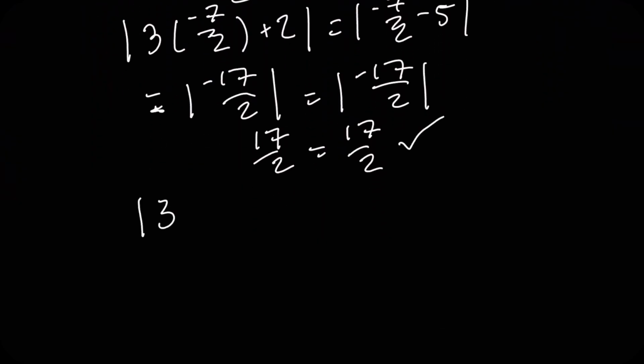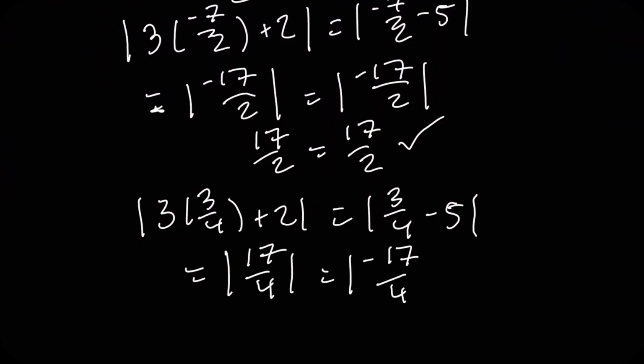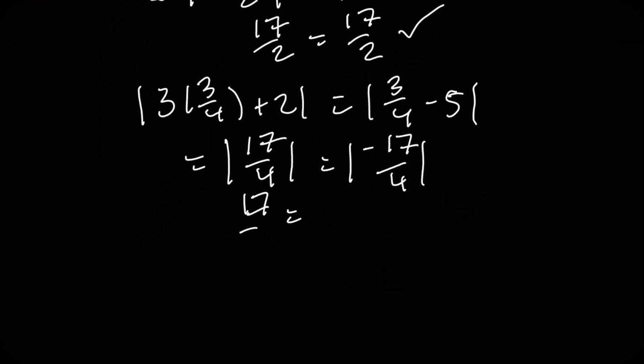Absolute value of 3 times 3/4 plus 2, and that's equal to the absolute value of 3/4 minus 5. This will give us a positive 17/4 is equal to the absolute value of negative 17/4, which makes sense because that'll just be 17/4 equal to 17/4.